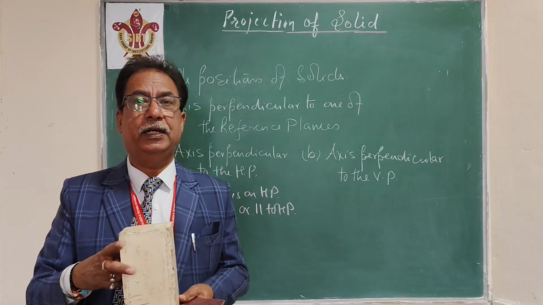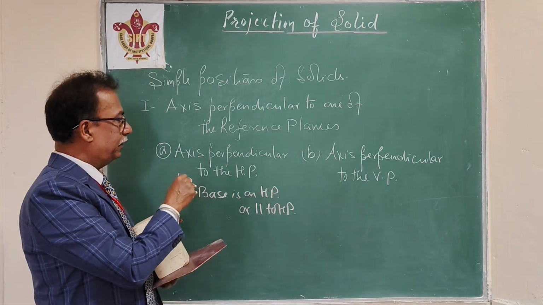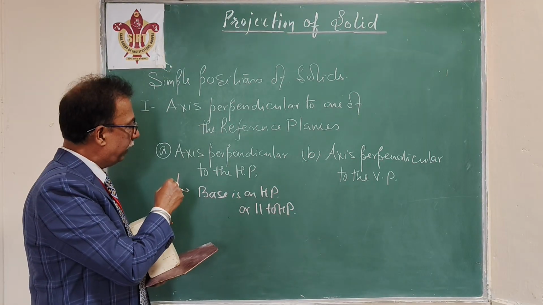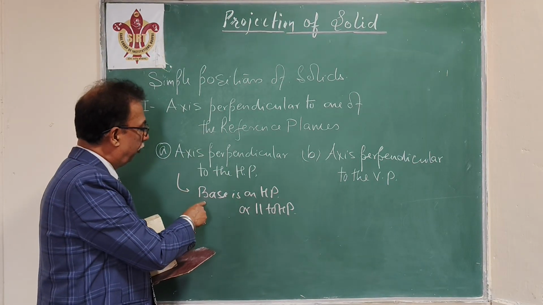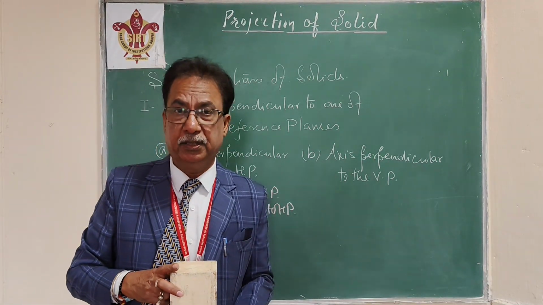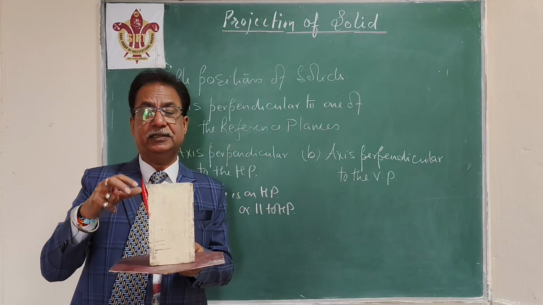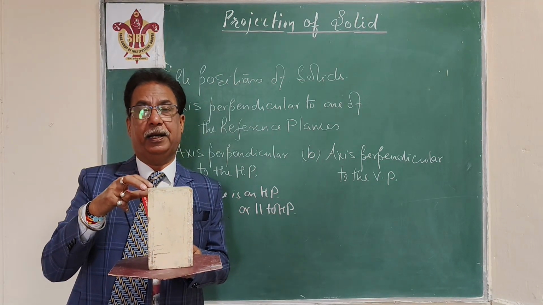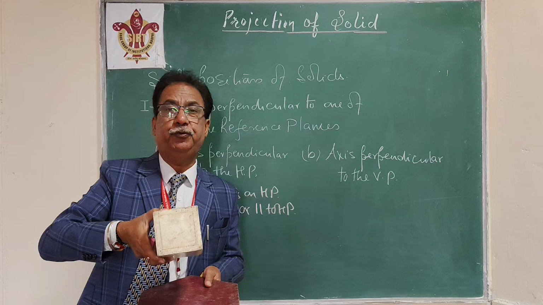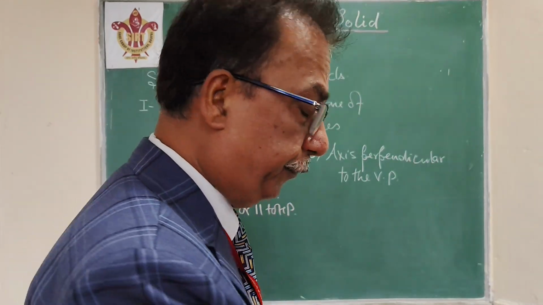So for a solid, we will always start drawing the projection from the view in which we get the true shape of the base. If the axis is perpendicular to HP, the base will be true in the top view, so I should start with the top view.